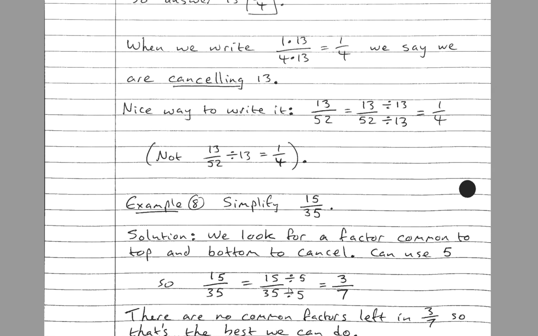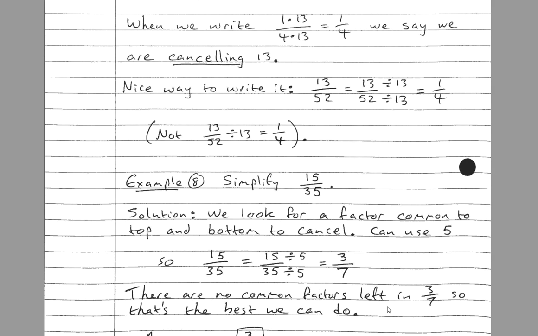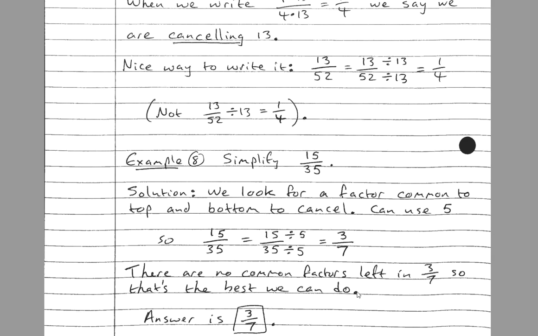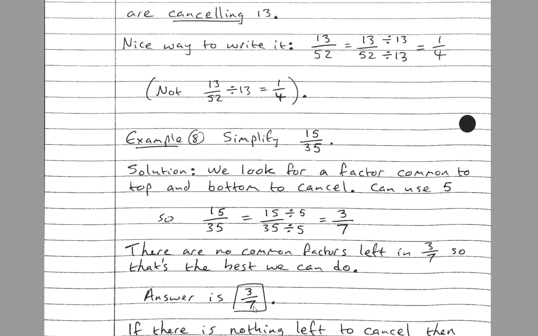All right, so we've simplified it a bit. Maybe we can simplify some more. Well, yeah, these two numbers don't simplify into anything smaller, so that's the end of the road. That's the best we can do. So the answer is 3/7. Okay, so we cancel 5s to get 3/7.